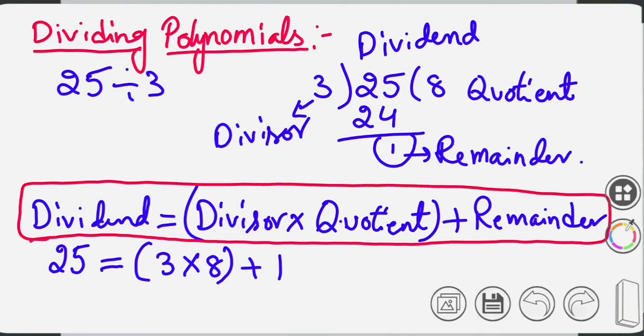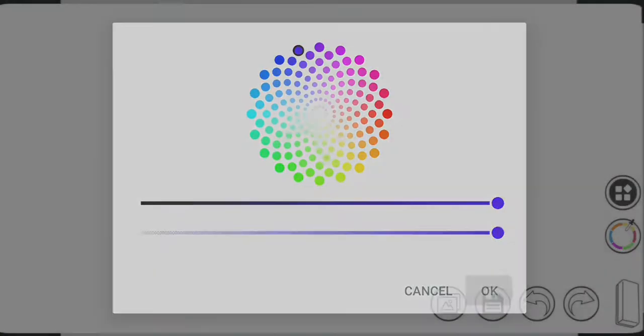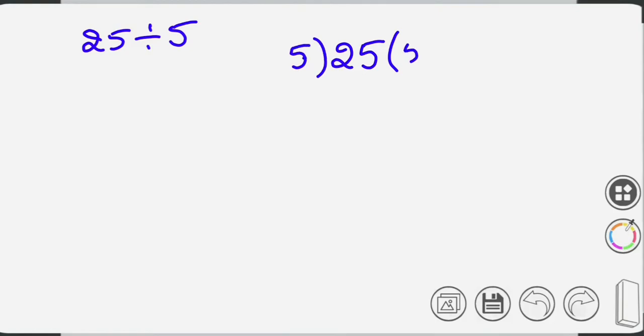Now consider other numbers. For example, if you take 25 divided by 5, what will happen here? 25 is the dividend and 5 is the divisor. We know that 5 fives are 25 and the remainder is 0.